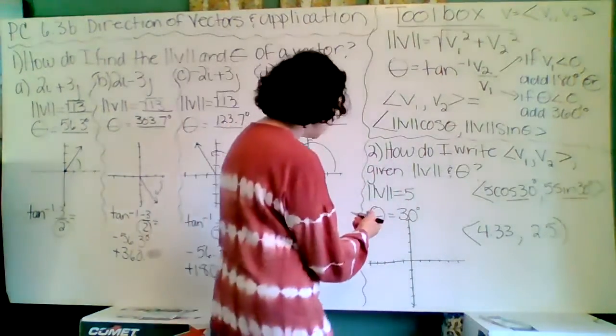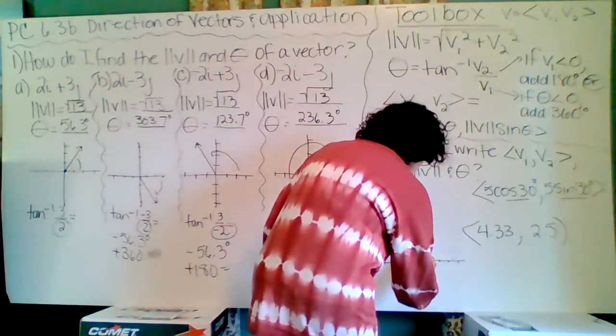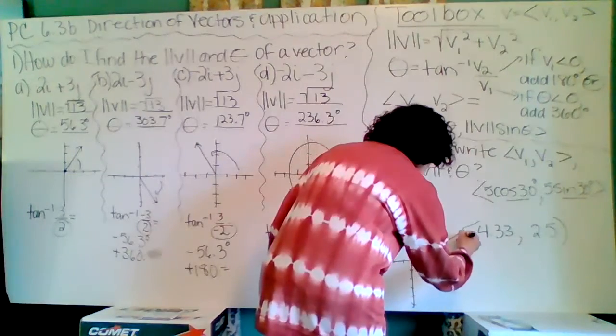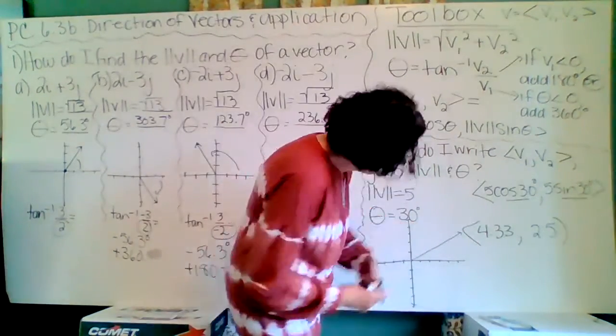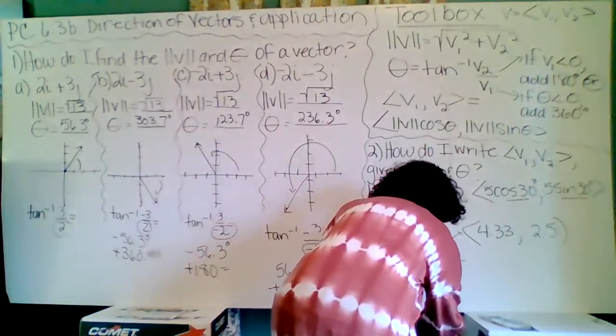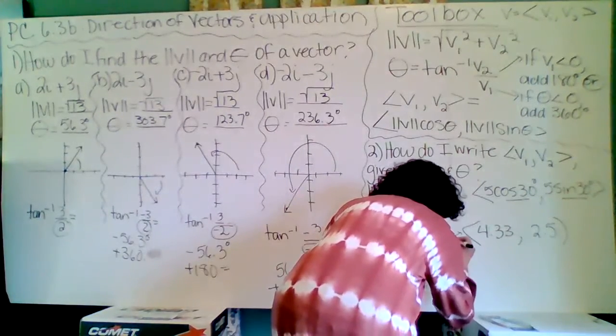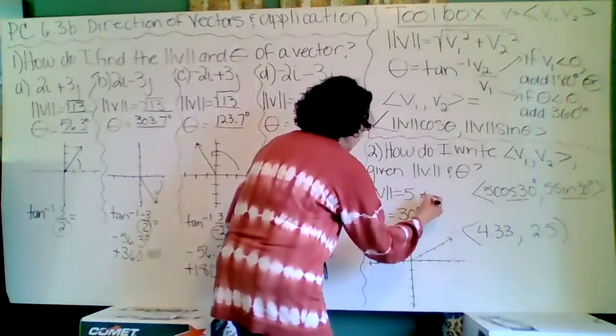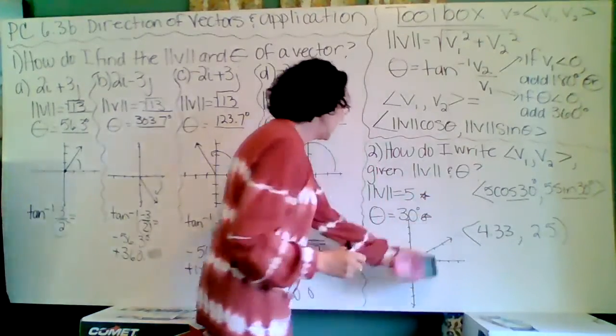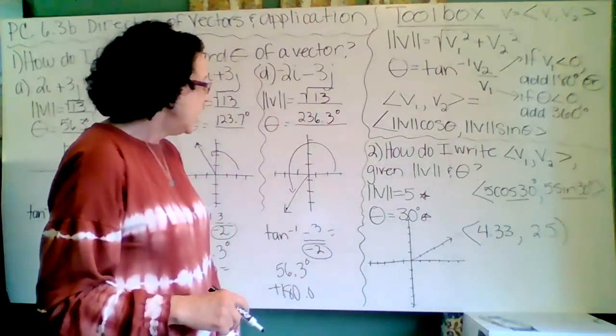So a vector at 30 degrees, so I'm going to make a 30-degree line. There we go. And I am going to make it 5 units long. 1, 2, 3, 4, 5. Here we go. So I used this information here to make this vector, okay?